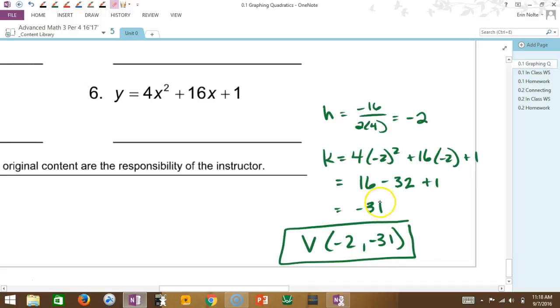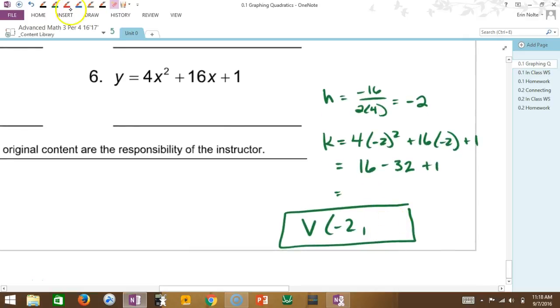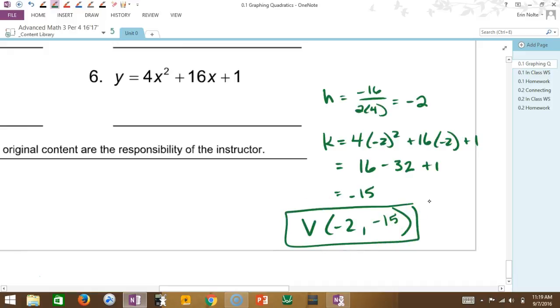So negative 16 plus 1. Let's try that. There we go. I did get that. Good. It's a good thing you guys are around to check my math. Okay. So anybody have any questions on that? How you got negative 31? Yeah. Well, let's see. I kind of ignored the 16 in the front.